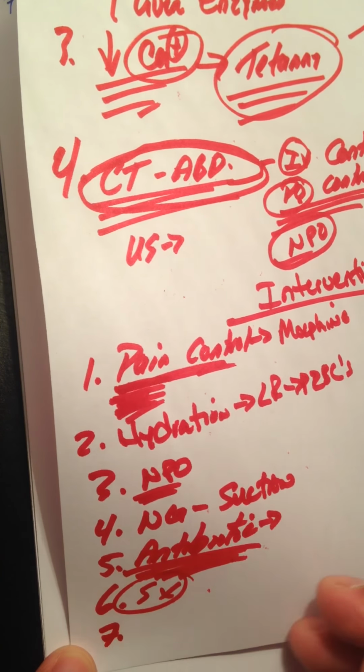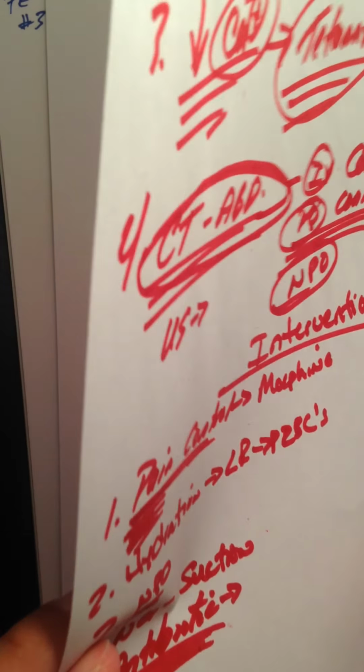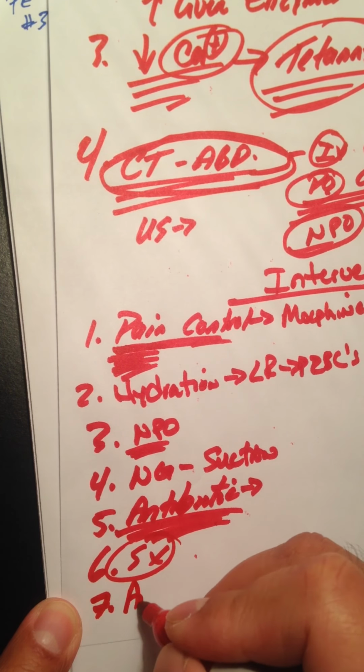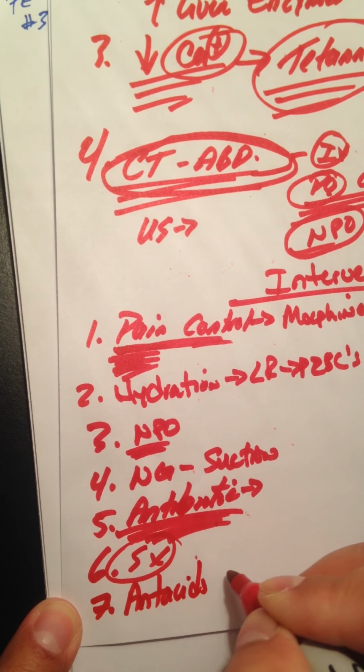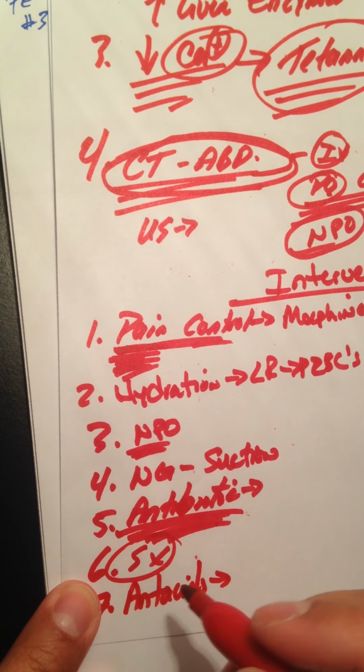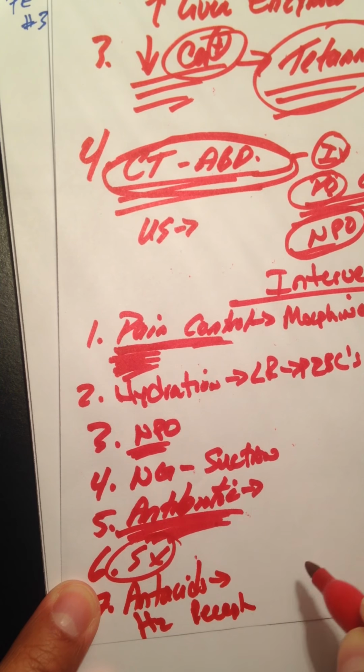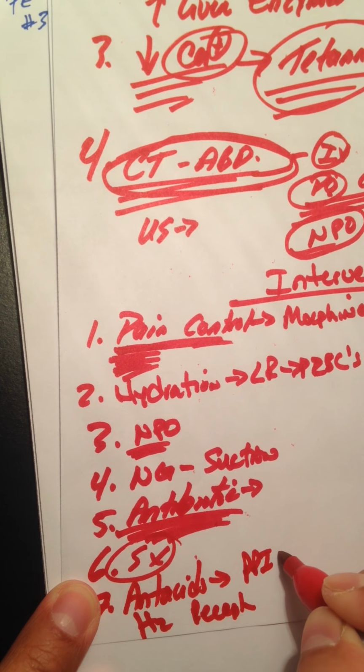Number 7. I'm running out of space here. You'd provide antacids. Again, you would provide antacids, maybe H2 receptor blockers, PPIs, or your proton pump inhibitors.